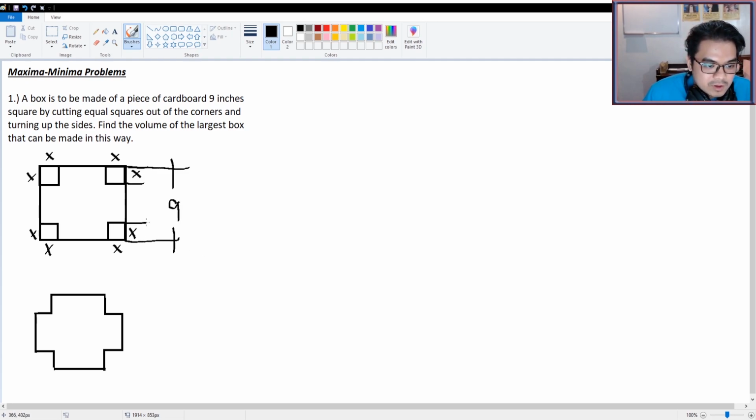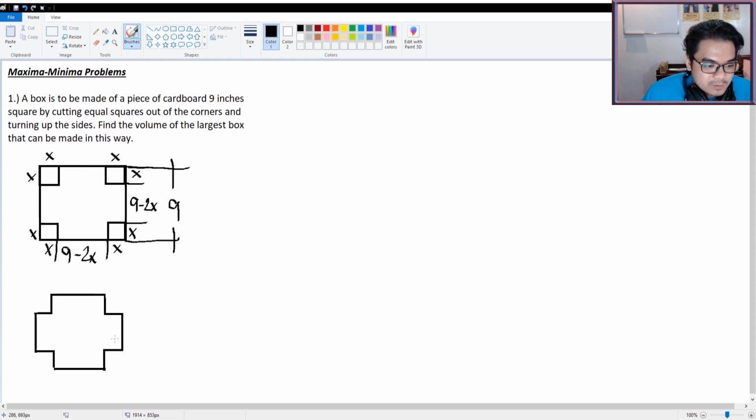If this is x, this is also x, and the whole side is 9, then from here to here you'll have 9 minus 2x. Since it is a square, all sides must be equal, so this side will also be 9 minus 2x.